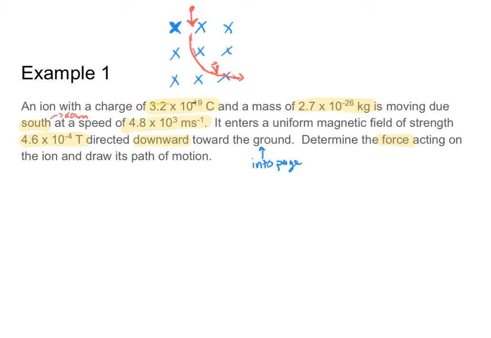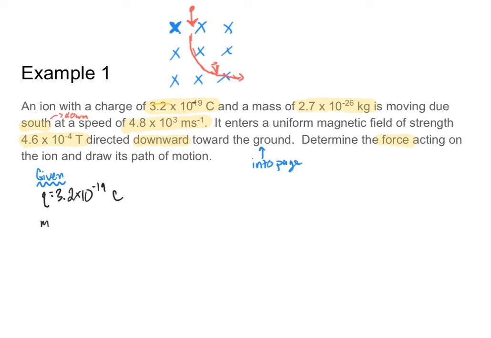So let's go ahead and figure out the force acting on the ion. To do that, I'm going to start listing out my givens. So I know that Q is 3.2 times 10 to the negative 19th coulomb.